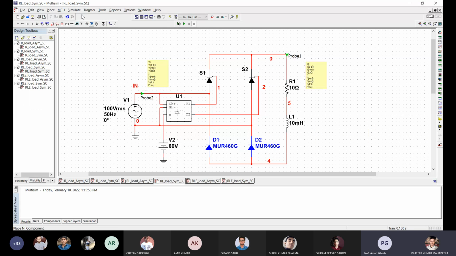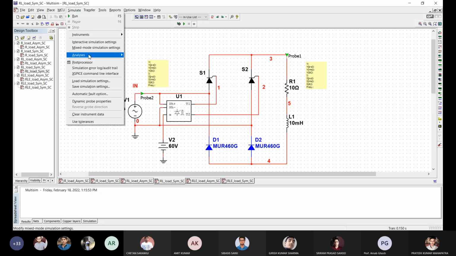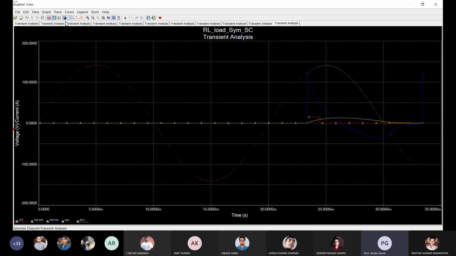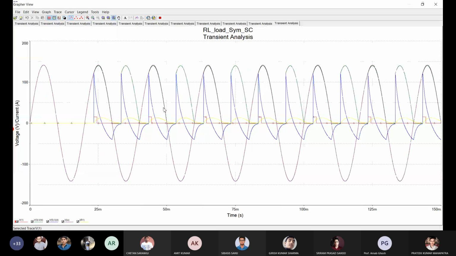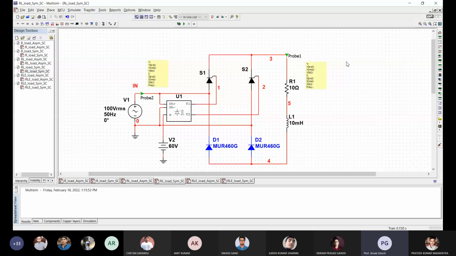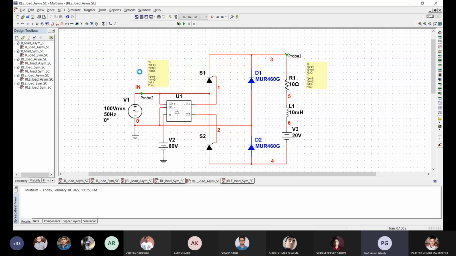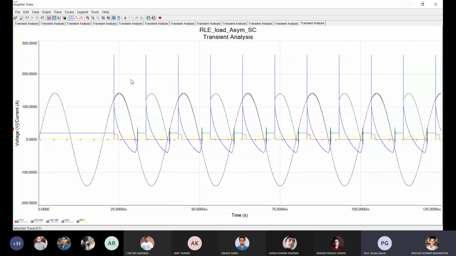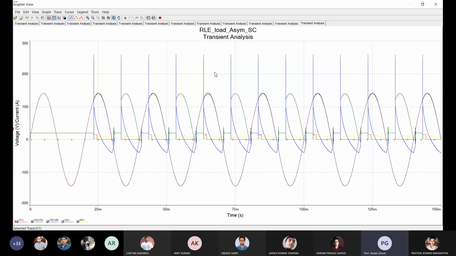And this is RL load symmetrical. This is RLE load asymmetrical.